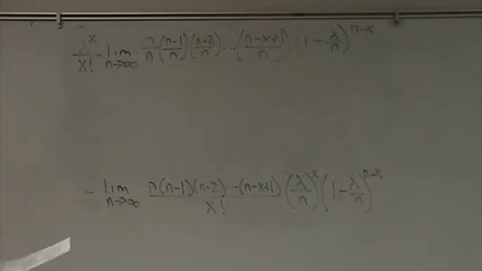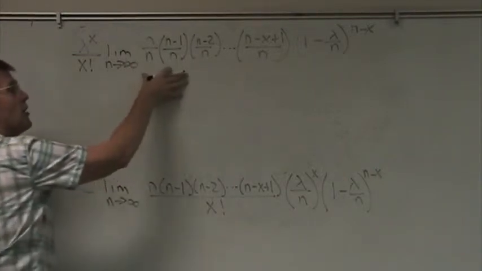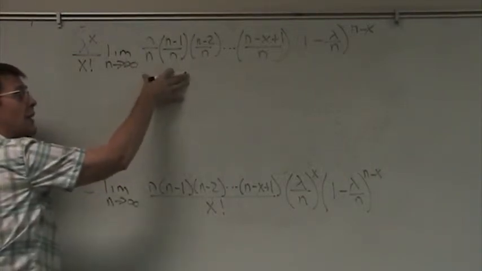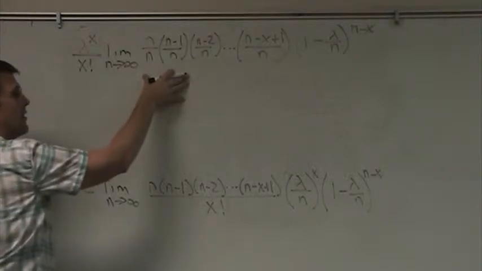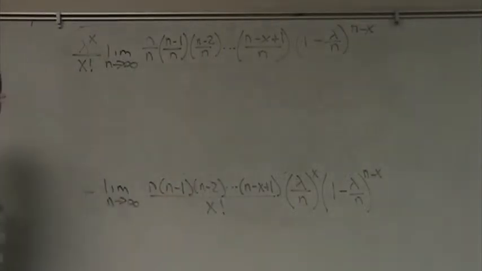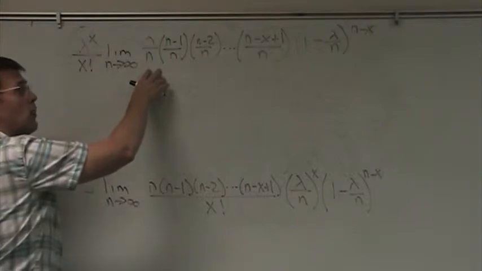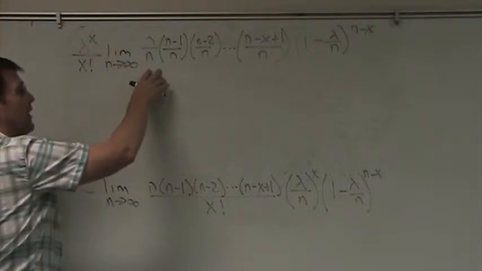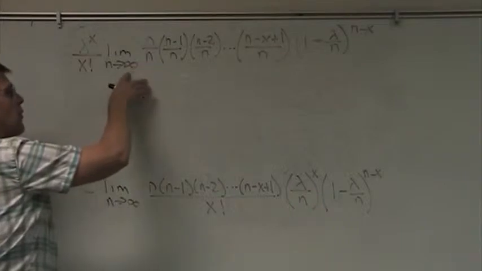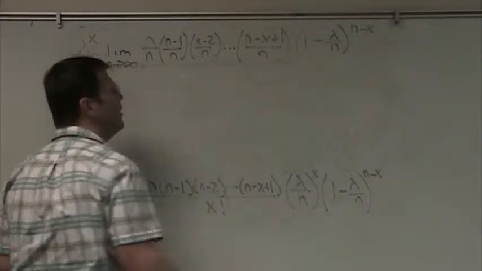Okay. So, as far as all of these are concerned, within this piece, remember we talked about the rational functions that we did with regard to looking at the limiting behavior of the hypergeometric. These are all rational functions in terms of n. Their numerators and denominators are degree 1 polynomials in n, and the leading coefficients are all 1. So when we take the limit of each one of these, all of these are going to go to 1.